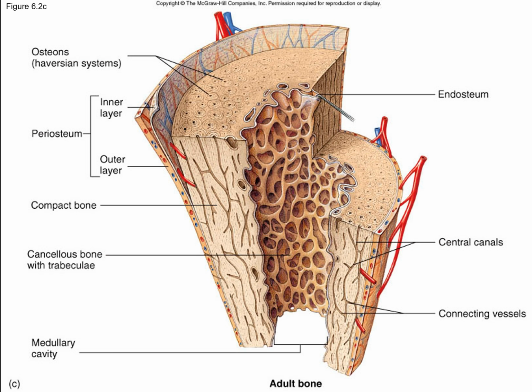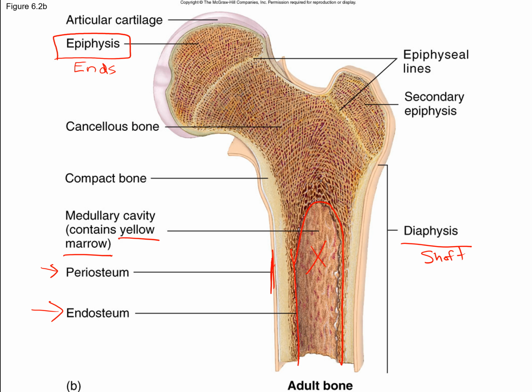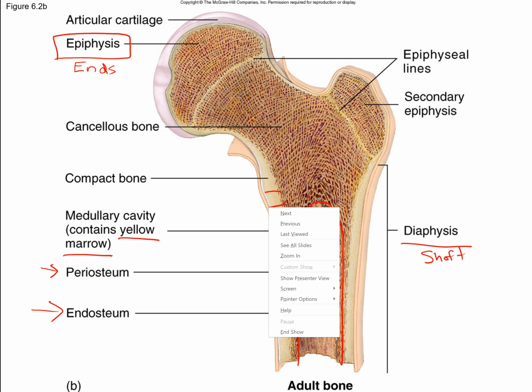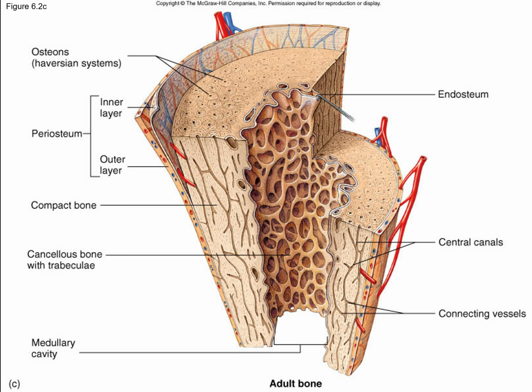This is a picture of the microstructure. So on the diagram that I have for you, if you were to go through this little part right here and cut a little chunk of compact bone, then it would show this structure right here.